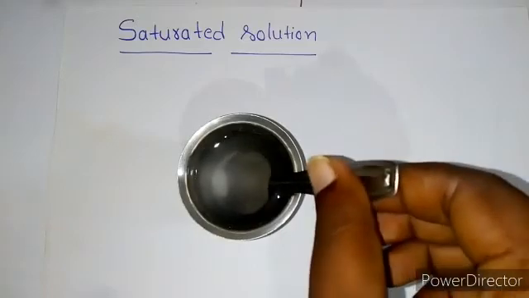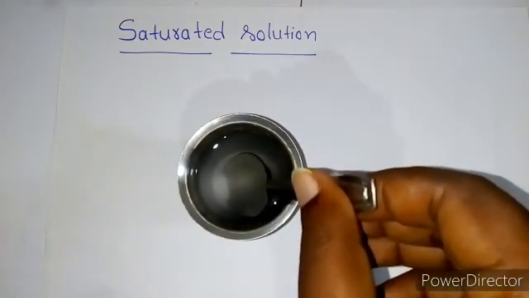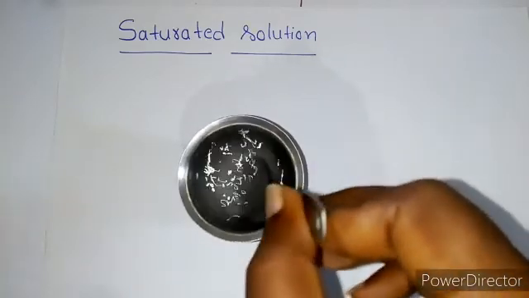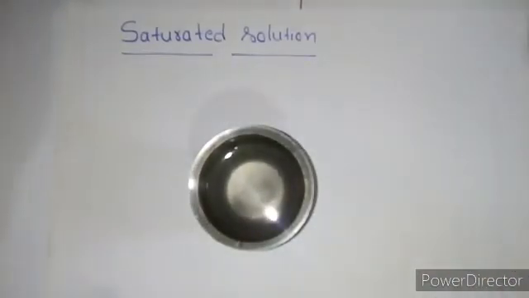When we add salt to water, the salt crystals dissolve in water and disappear. All of you see here, the salt completely disappears. This is because the salt particles occupy the empty spaces between the water particles.